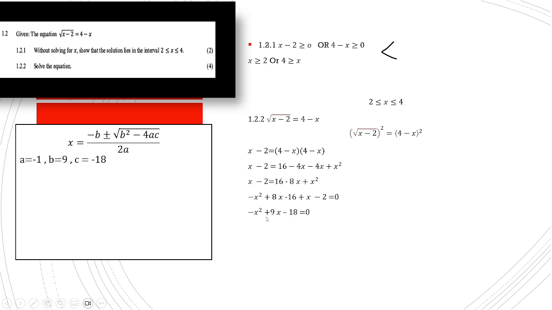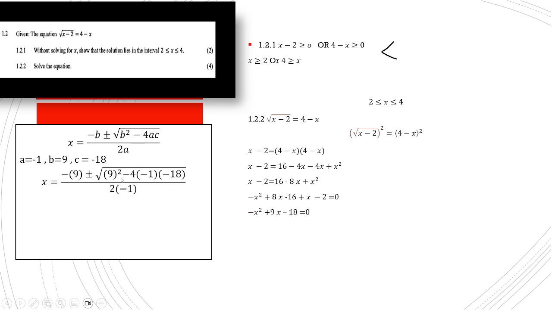And take note that you don't just take the number but also the sign. c is negative 18, it's not 18. And also a is not positive 1 but rather negative 1, and b is positive 9 because 9 has a positive sign.